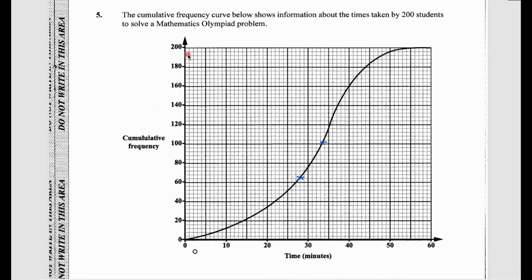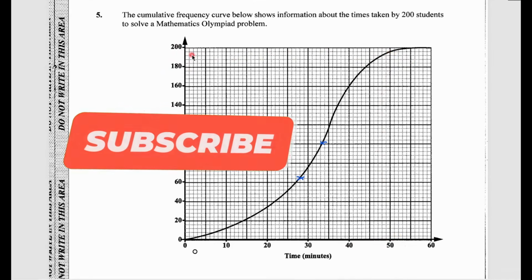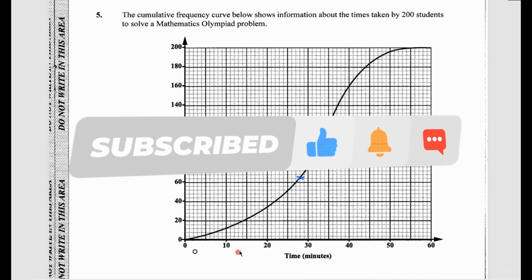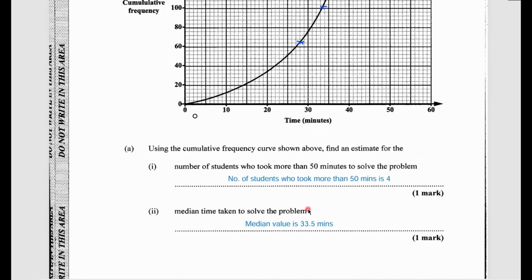Now, the reason how I get that is because each block is 4, because 200 minus 180 is 20, divided by 5 blocks to get you 4. So when you reach 50, you'll get 196, which will be the number of students who took 50 minutes or less.